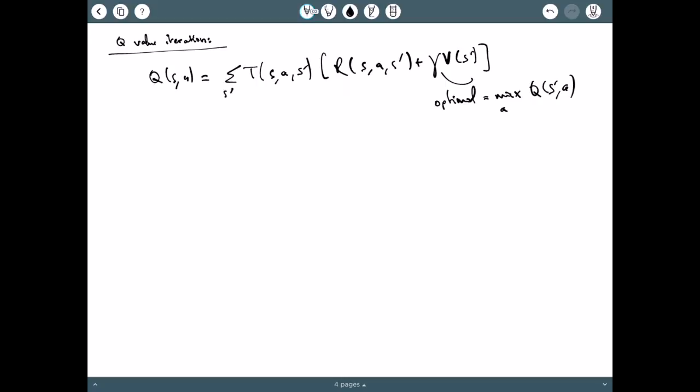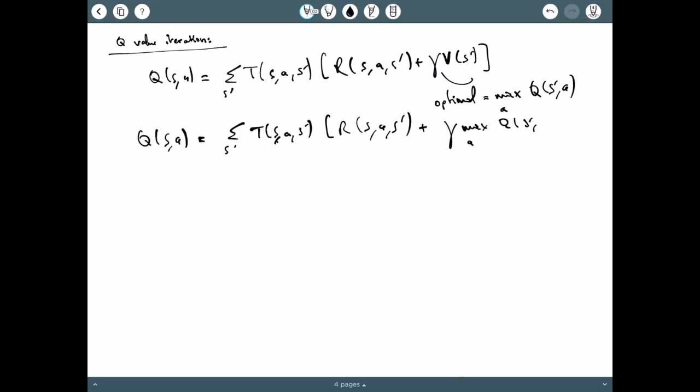That gives us this recursive definition of the Q value.